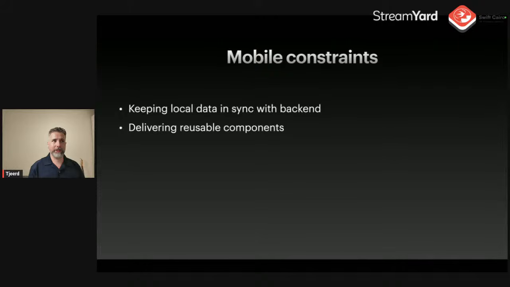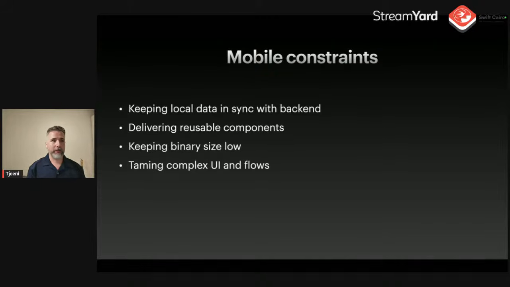So it is kind of an art to figure out what is very feature specific and what is a sort of reusable generic component. Keeping the binary size low is a common challenge. Dealing with very complex UIs and flows is always a very tricky one, because as soon as you have giant features, you get giant flows, which is a front end problem or a mobile problem as well.